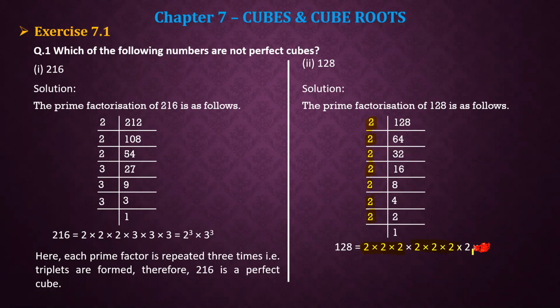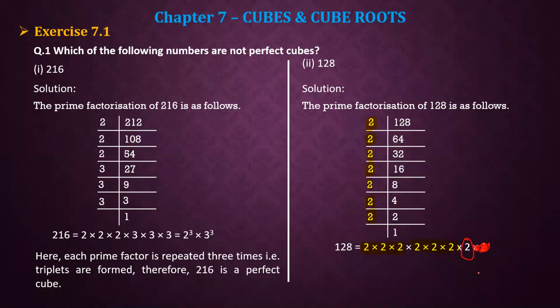And here this remaining 2 is additional. That means it is not forming a triplet, it is alone. The next prime factor 2 is not repeating 3 times. It is present only a single time.